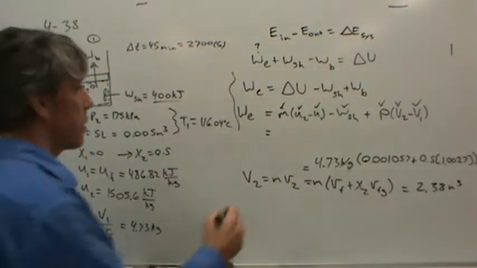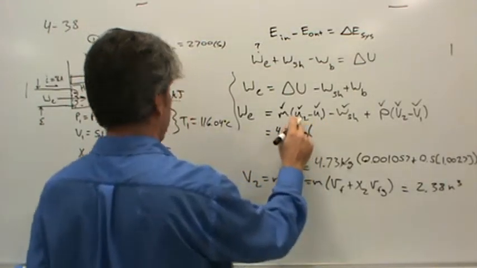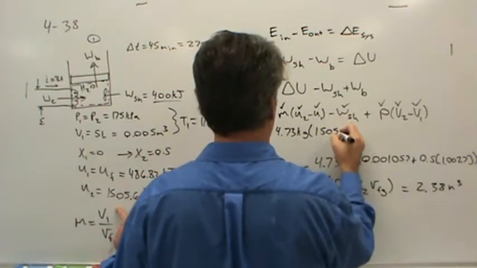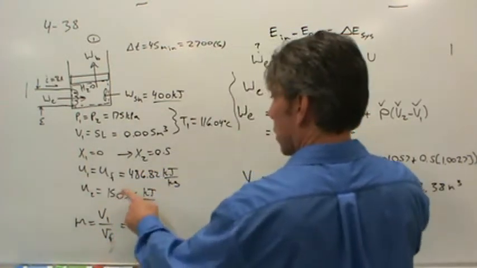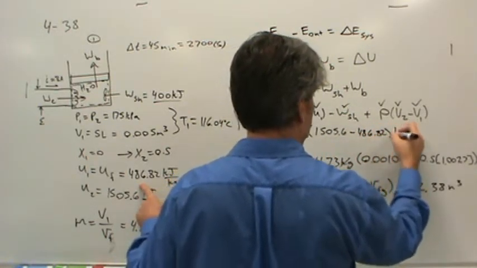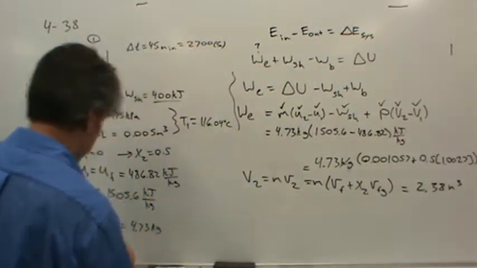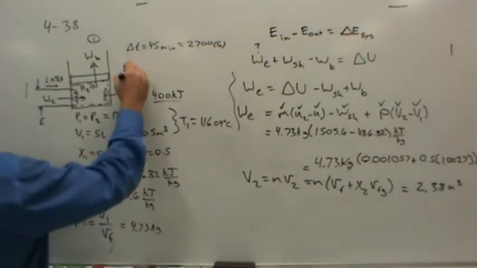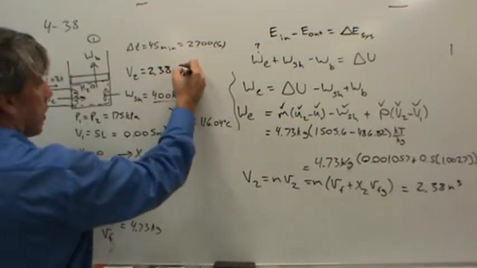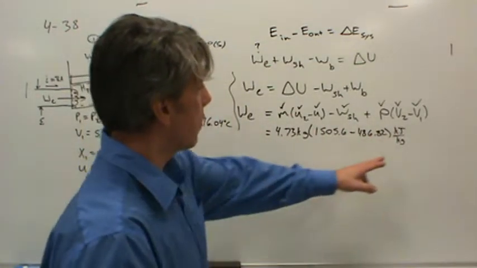Okay, so the mass is 4.73 kilograms. The internal energy in state 2 is right here, 1505.6. Internal energy in state 1, 486.82. Those are kilojoules per kilogram. So we put V2 over here somewhere, that way we've got it by the time we get there and need it, because I'm going to run out of video space quickly.